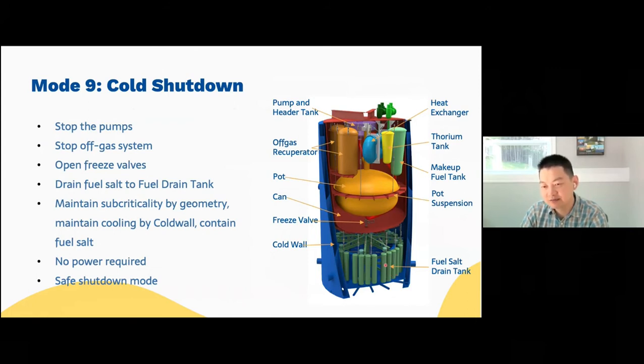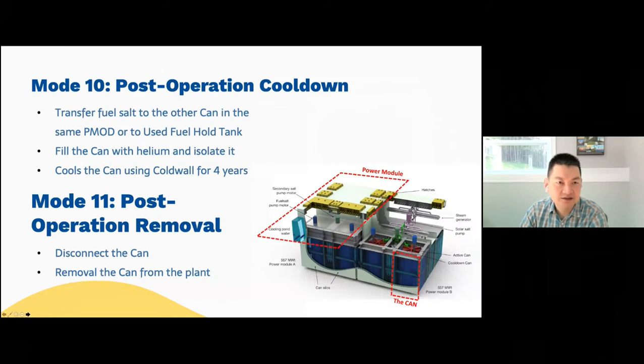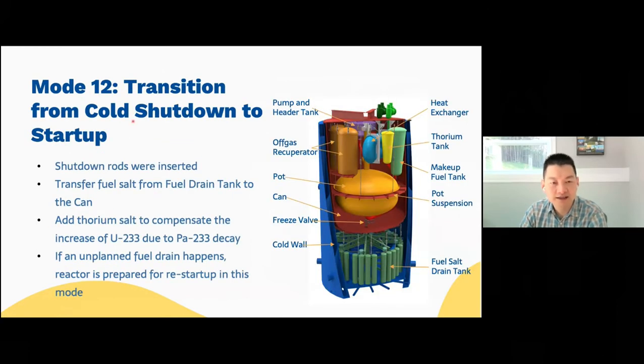Can we actually push it back to the pot? Yes, of course we can do that. So now we're entering mode 12. It's the transition from cold shutdown to startup. That tells us how we push or transfer the fuel from the drain tank back to the pot.